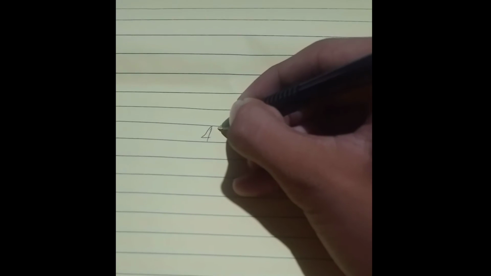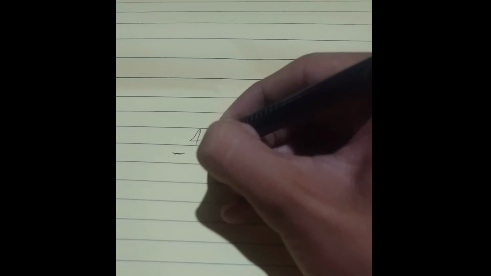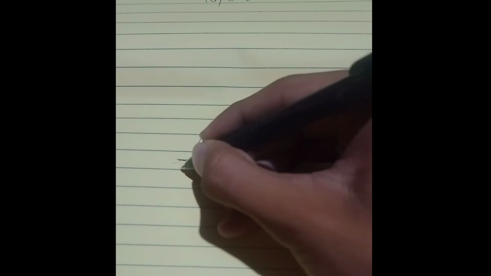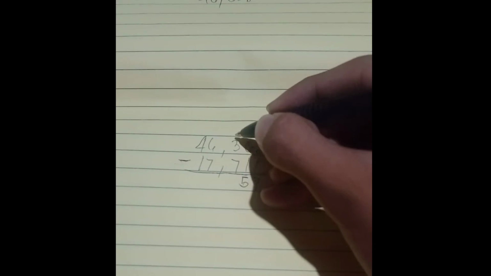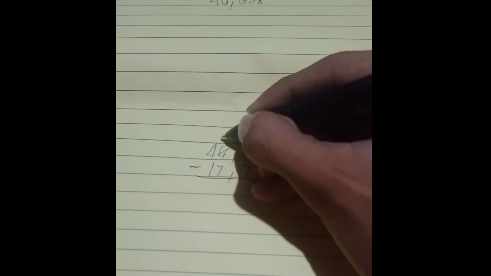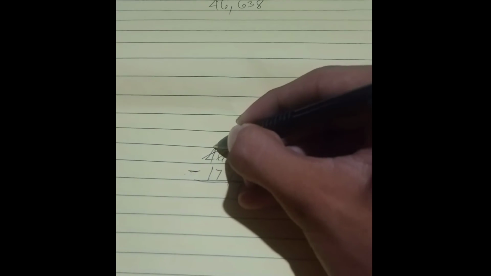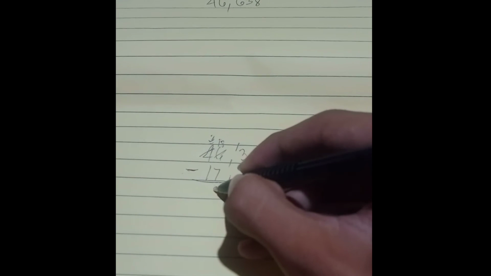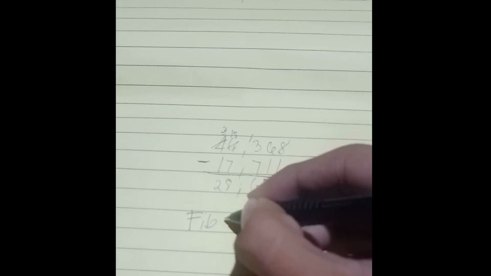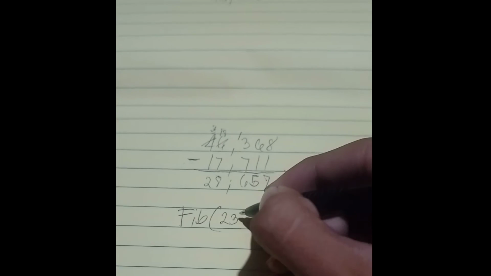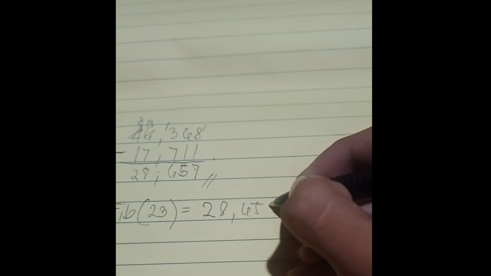So 46,368 minus 17,711 over 2 is 28,657 after dividing. The final value of fib 23 is 28,657.